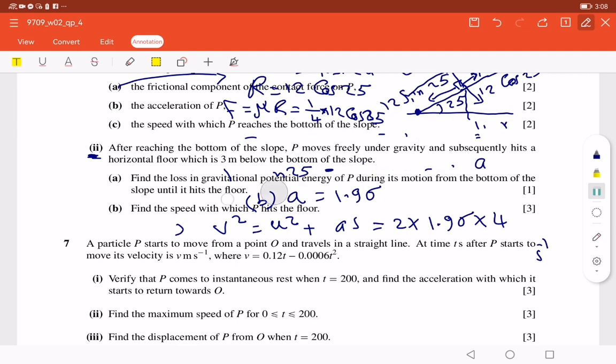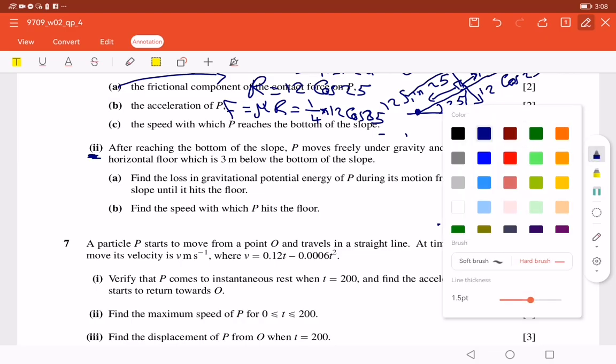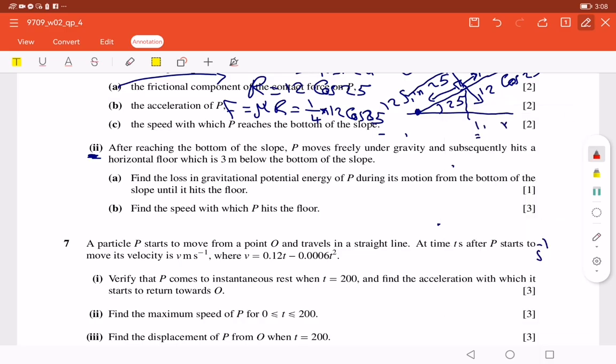To solve part ii, read it. After reaching the bottom of the slope, B moves freely under the gravity and subsequently hits the horizontal floor, which is 3 meters below the bottom of the slope.